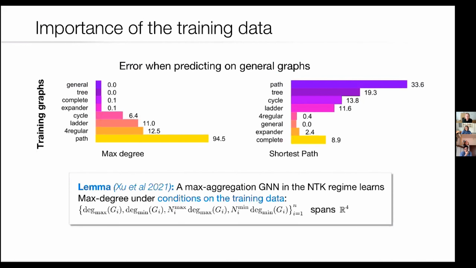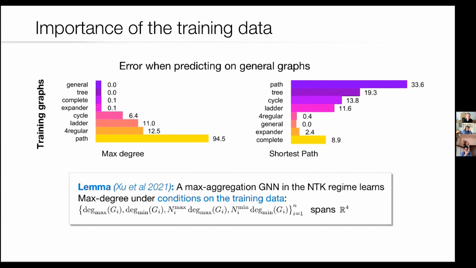In limited cases, we also have theoretical results that make this very explicit. For example, take the task of learning the maximum degree. Even if you have this linear algorithmic alignment and your architecture satisfies all those constraints I talked about, you do have additional constraints on the data.